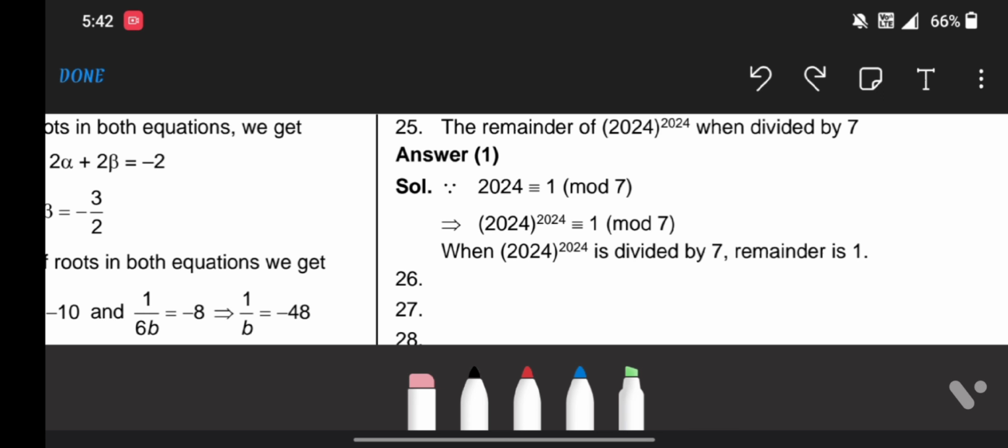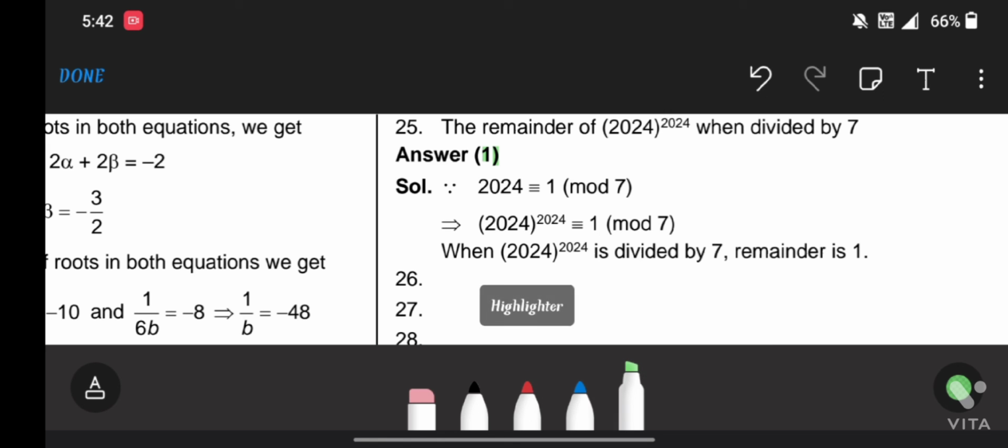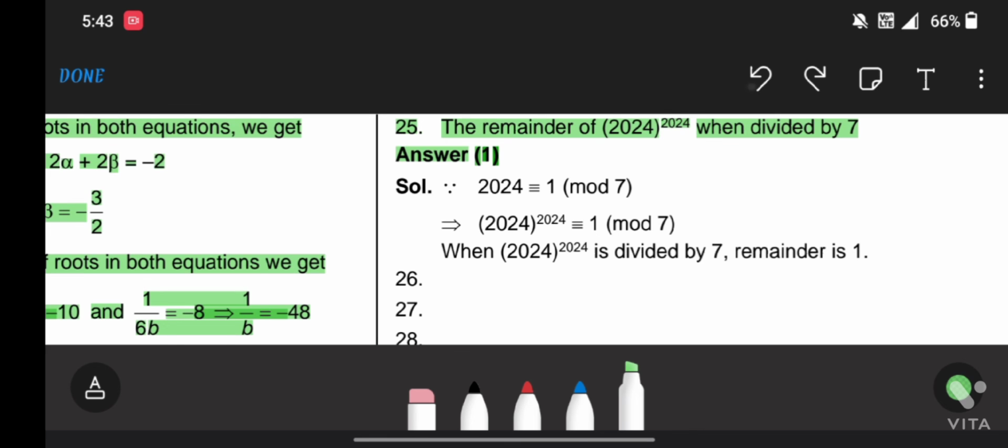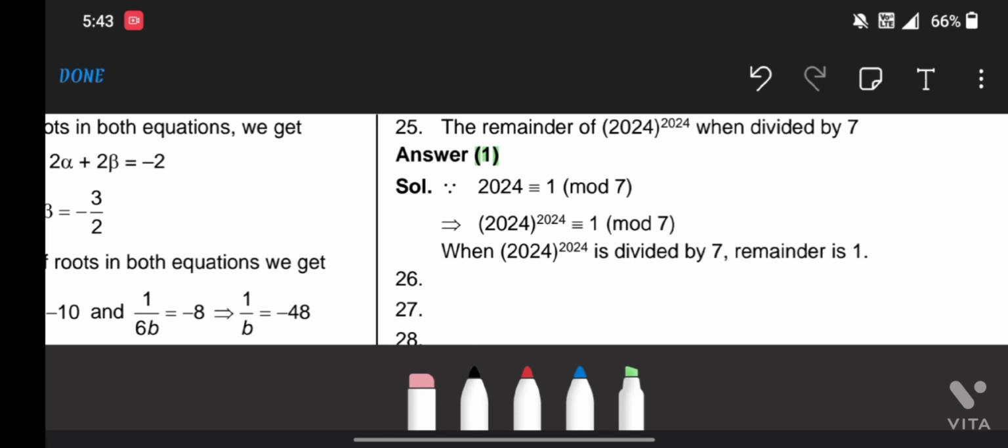So therefore the remainder we get is 1. So 1 is the answer for question number 25.